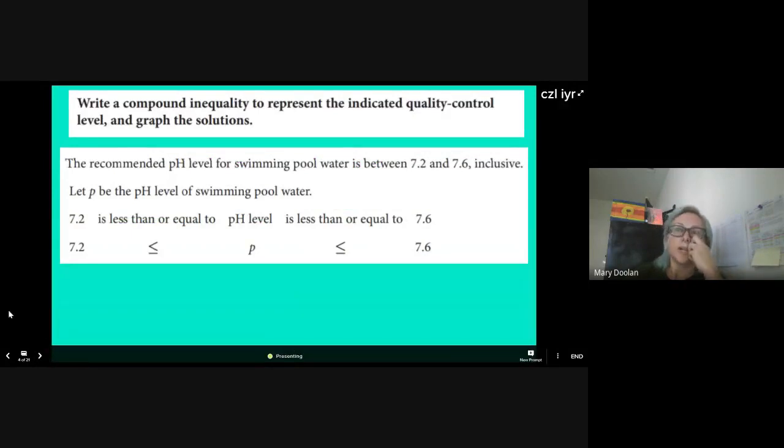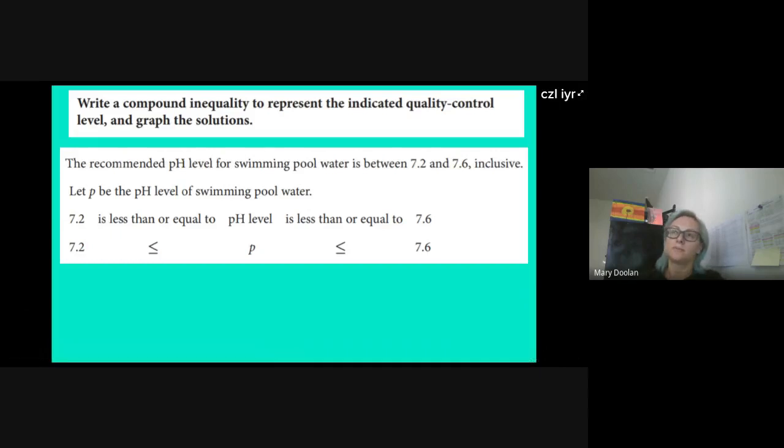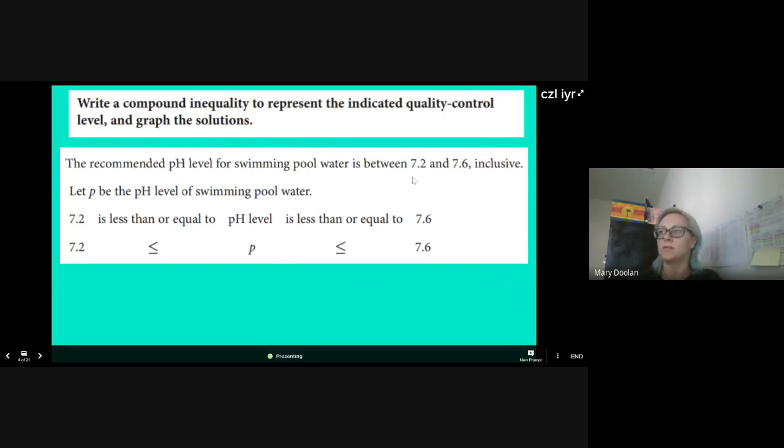So we're going to write a compound inequality to represent the indicated quality control level and graph the solutions. The recommended pH level for swimming pool water is between 7.2 and 7.6, or 7 2/10 and 7 6/10 inclusive, right? Inclusive means that those numbers also count towards our solution.